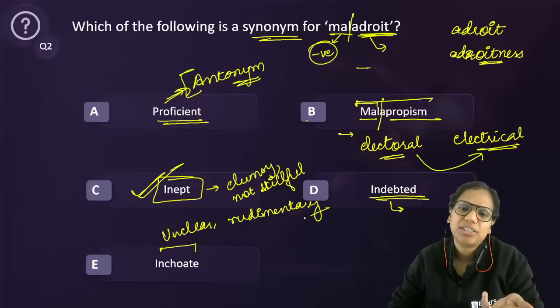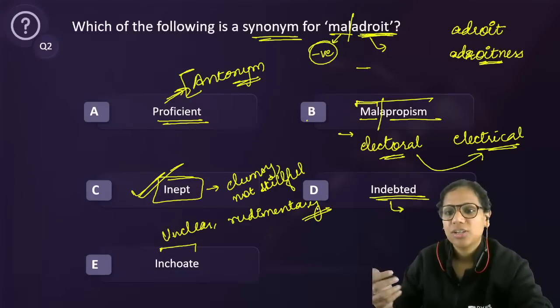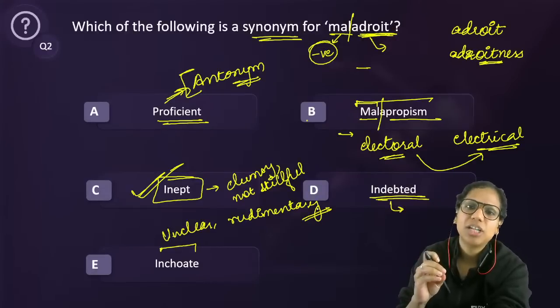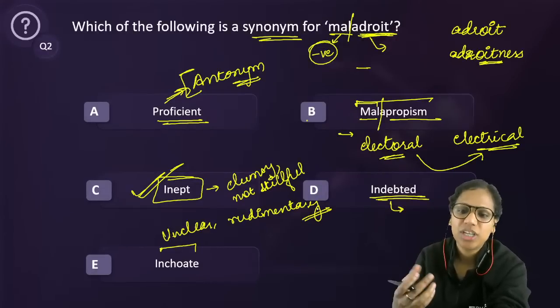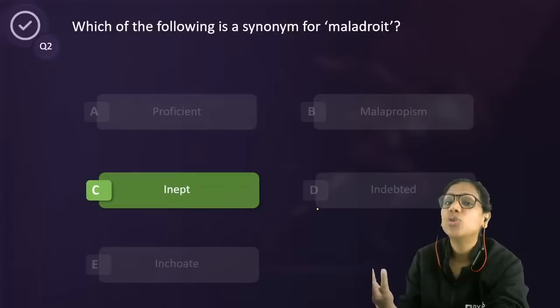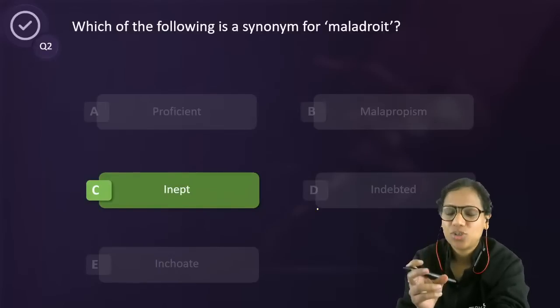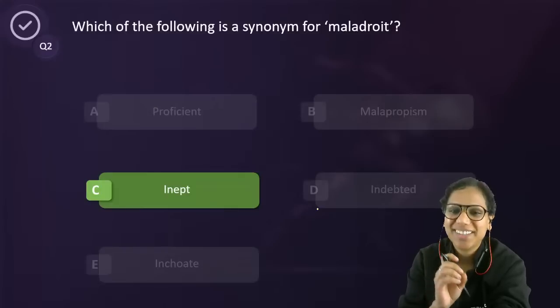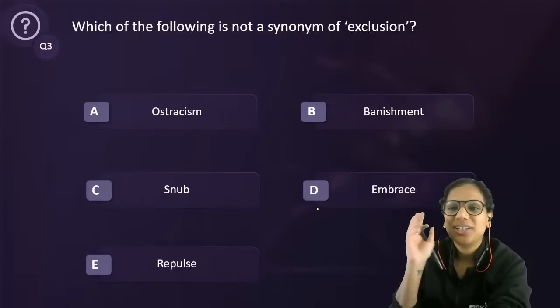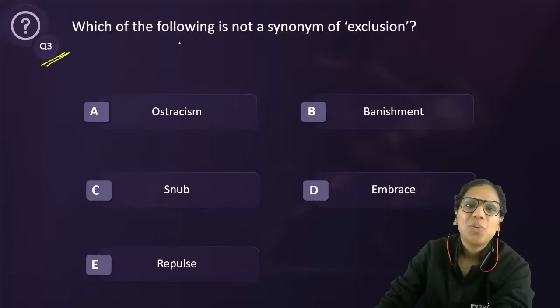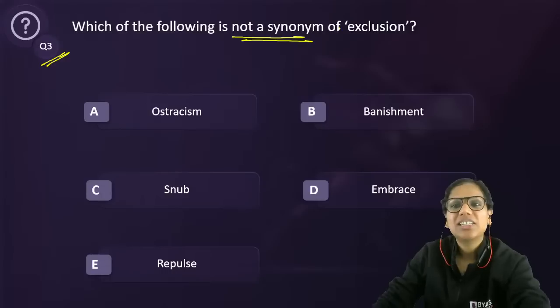An inchoate wish could be a wish that you yourself have not clearly formed. So some of you wish to go to these schools, but it's a very inchoate wish; you yourself are not very clear about it. So make it a goal, not a wish.